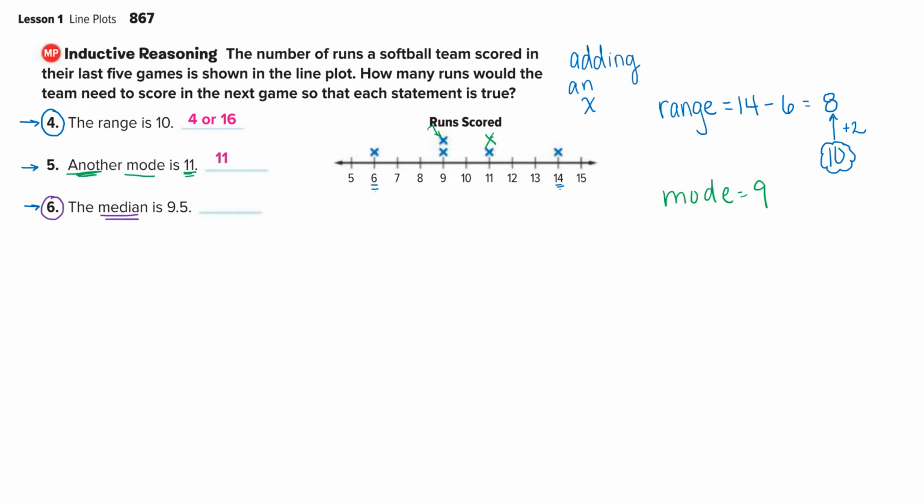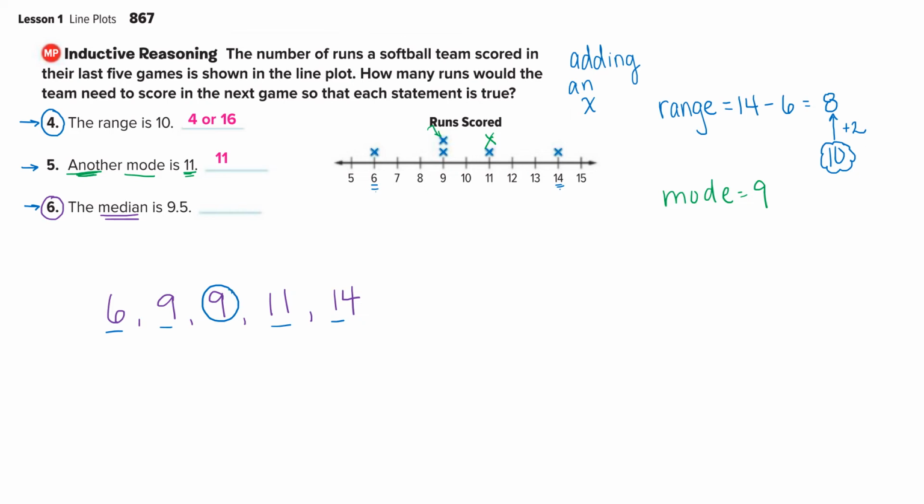So let's find the middle number currently for our data. We have 6, 9, 9, 11, and 14. And if we go to the middle, we go left, left, right, right, middle.